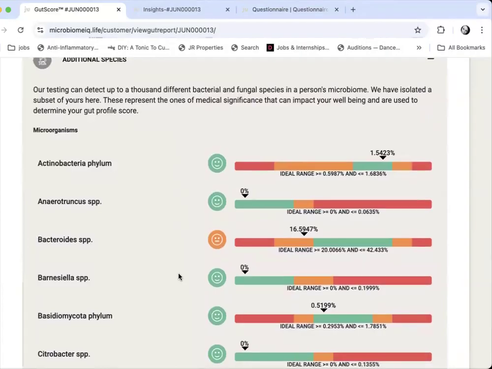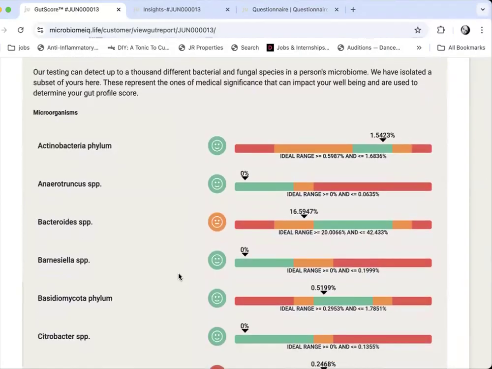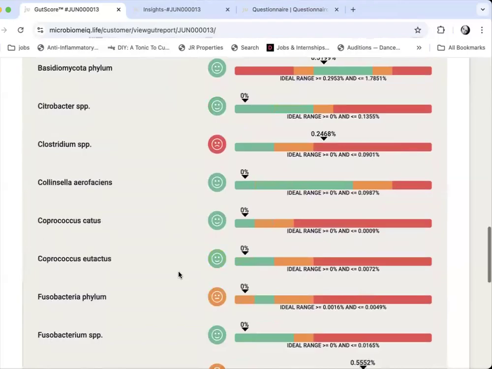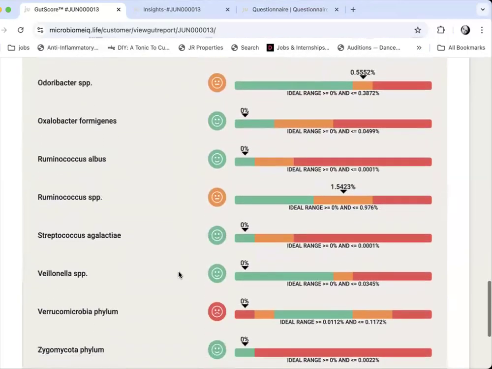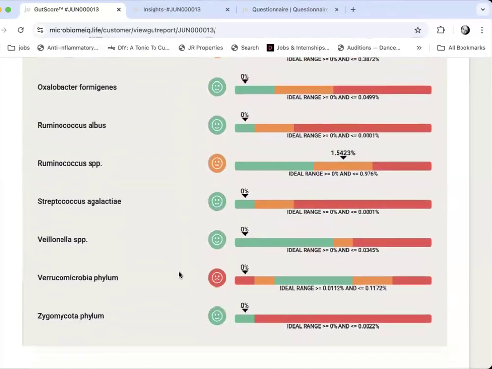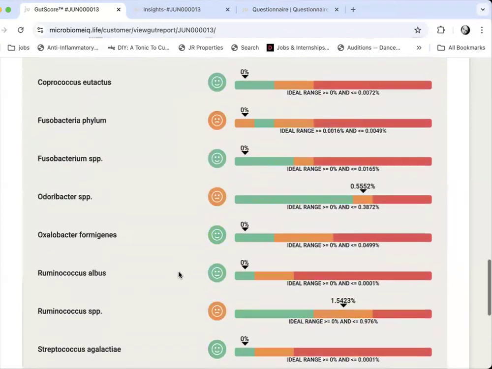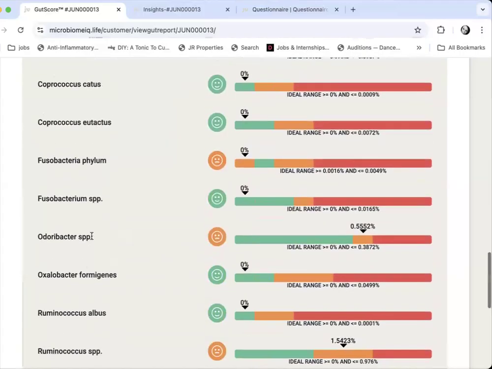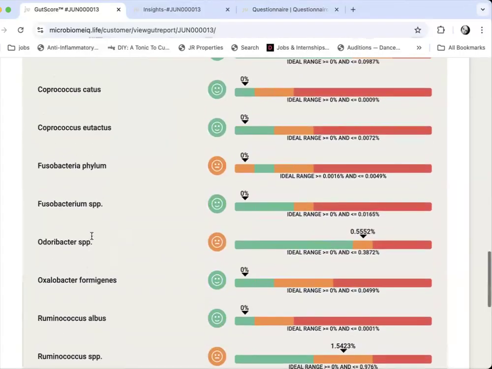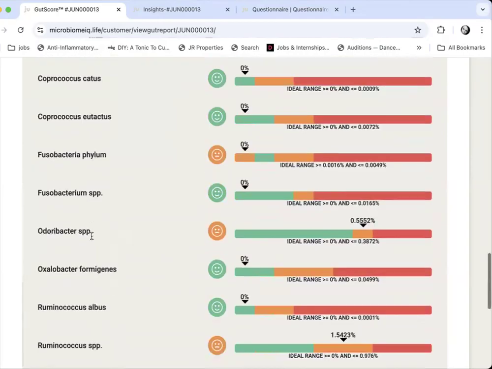Essentially, there's not a ton of bacteria and fungi in here that I find are necessarily clinically relevant at this particular time, because this is a very general wellness report. It's a wellness tool that we're offering. Some of these bacteria and fungi are associated with certain things.